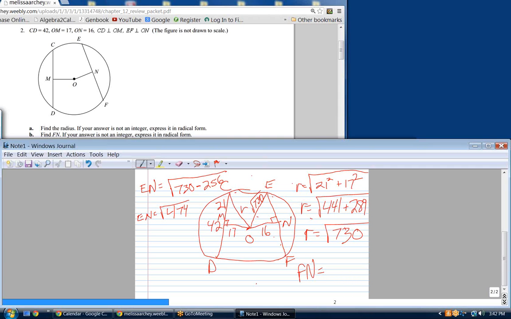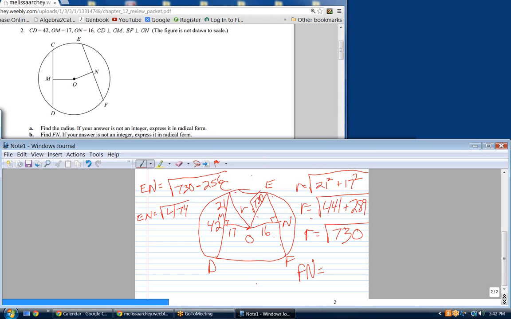Which again doesn't look to me like it has any natural perfect square divisors. 4 doesn't go into 74, so it's not divisible by 4. It's not divisible by 9.